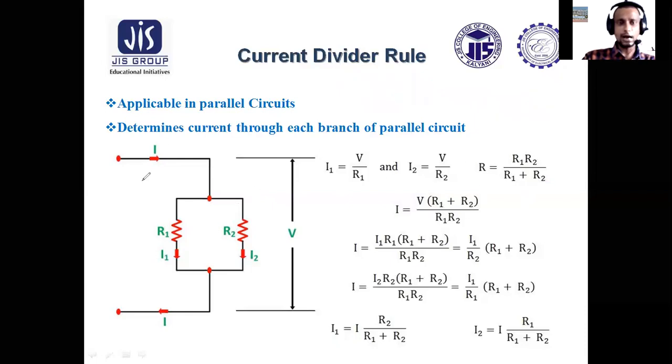Now, I equals what? I equals the total current. Total current should equal total voltage divided by total resistance.